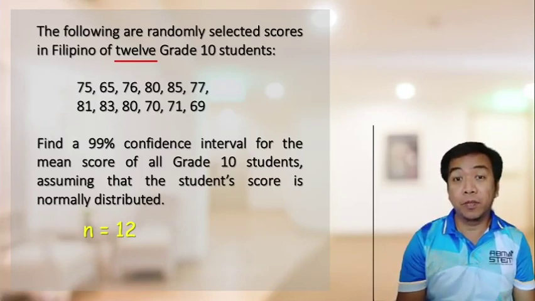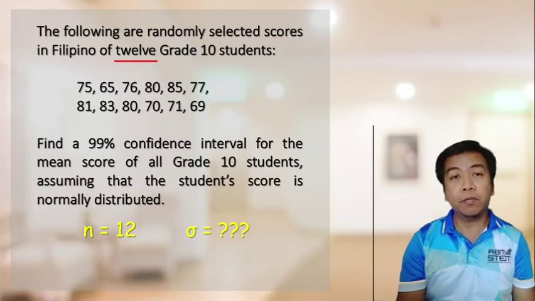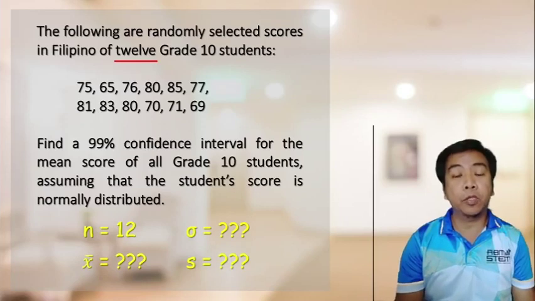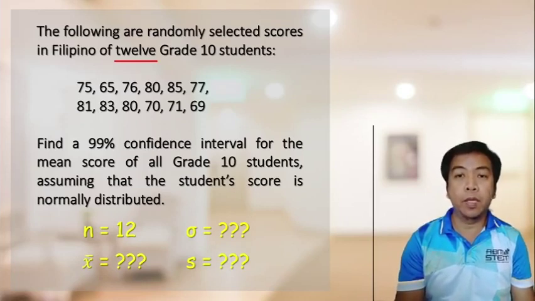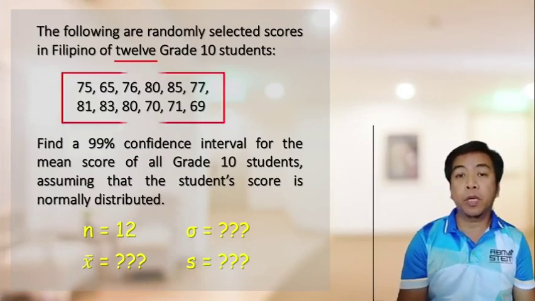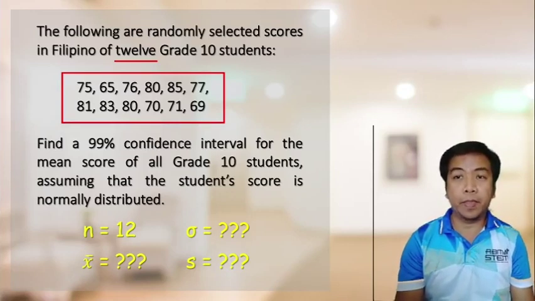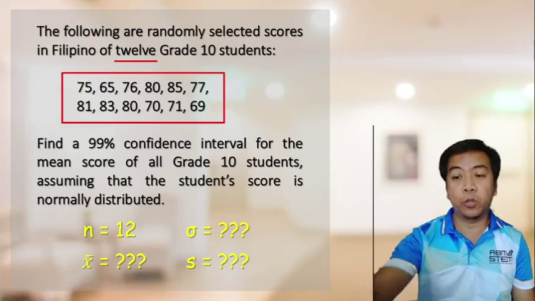There is none, which means that we can use the t distribution. Aside from the unknown population standard deviation, the sample mean and the sample standard deviation are also unknown. But no worries, because we'll be able to determine those using this data.